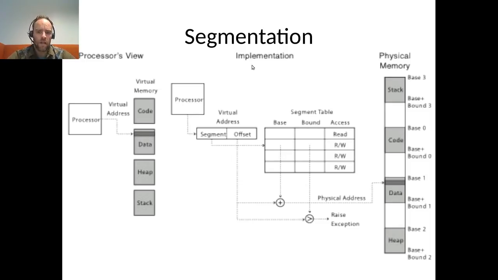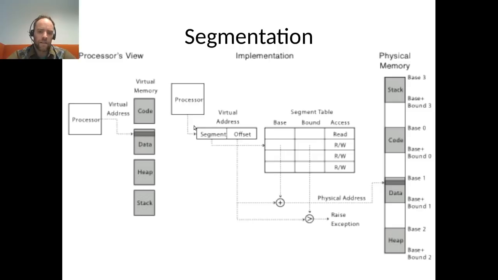The actual underlying implementation then is quite a bit different because we have to actually provide for how this translation happens. So the CPU sees only virtual memory, but actually we have to provide an interface to the physical memory. So what happens here? The processor sees as usual a virtual address.